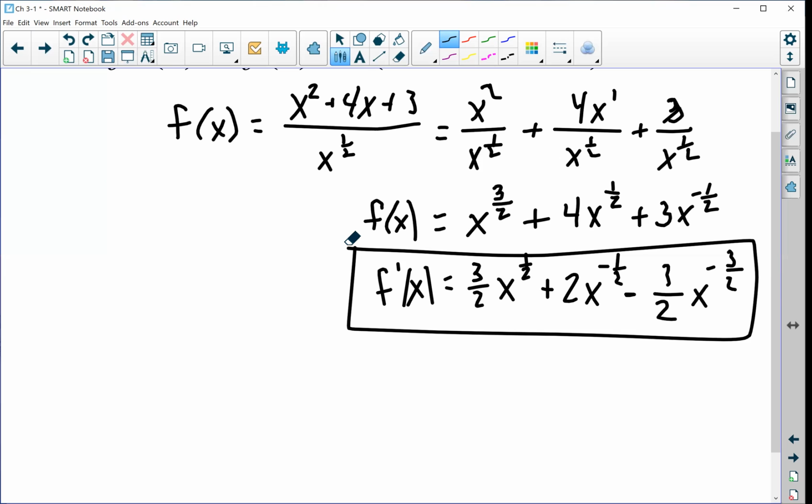Just like if we had a product, we would use FOIL, multiply it out, and then we can use our power rule to find the resulting derivative. There is a rule for quotients. There is a rule for products. That'll be Monday's assignment. Okay, but for right now, just using e and the power rule.